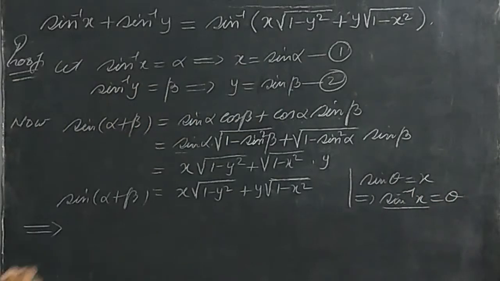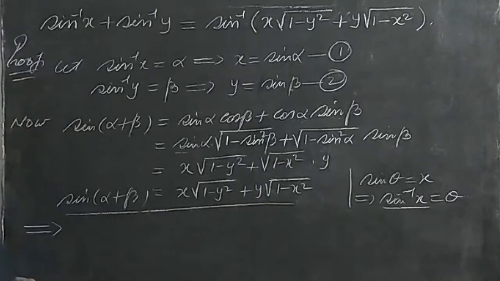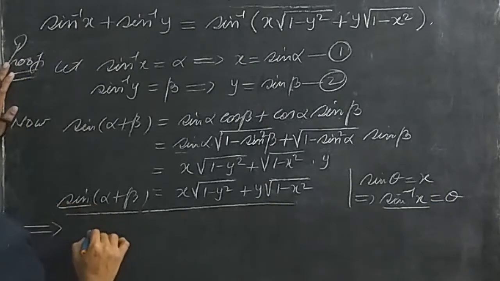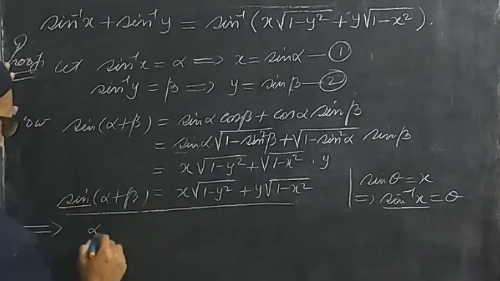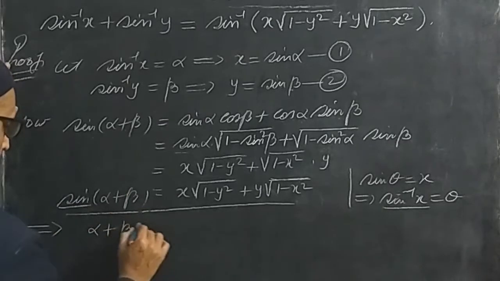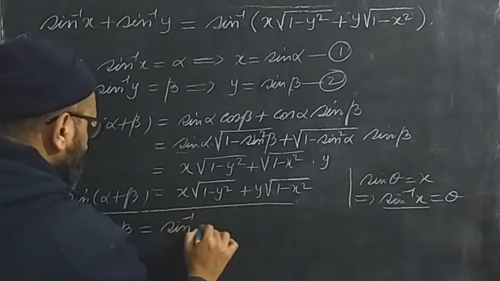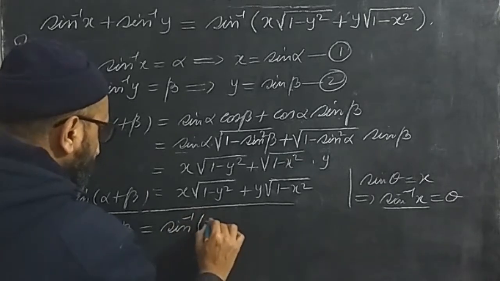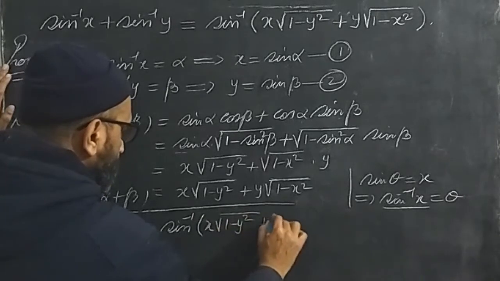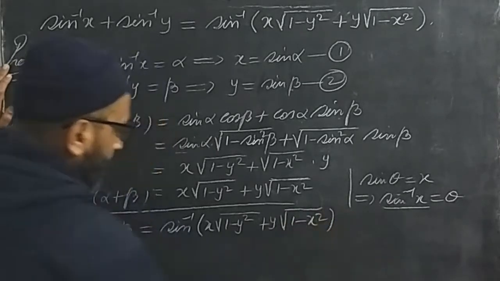So by this we may write this expression in terms of inverse trigonometric function. So if we transpose this sine to right hand side, it becomes inverse, and we may write this relation as alpha plus beta is equal to sine inverse x under root 1 minus y square plus y under root 1 minus x square.